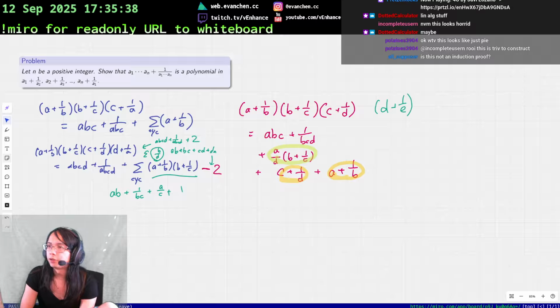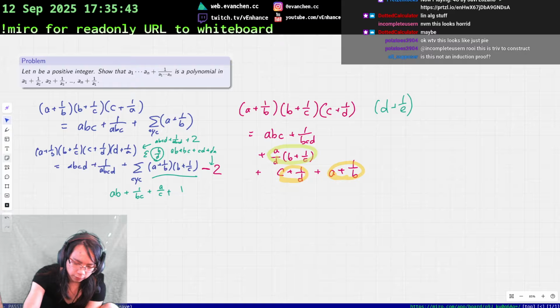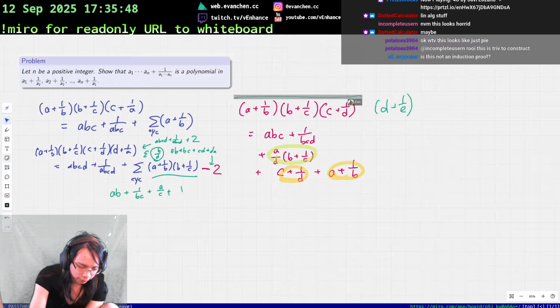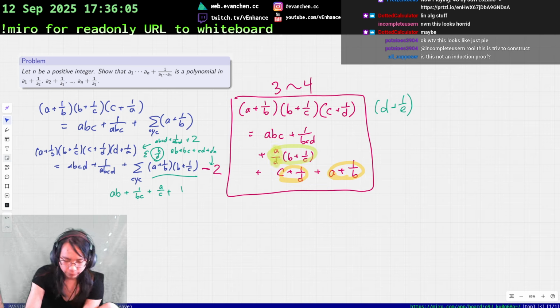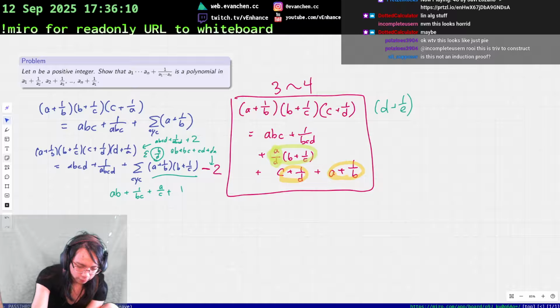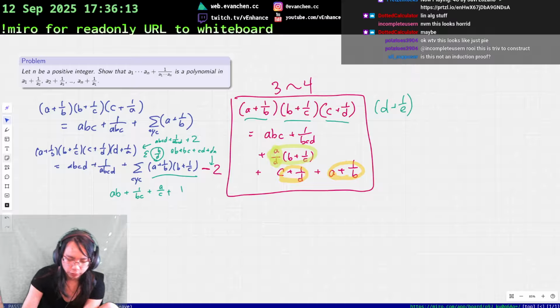There's only really one term that I am not happy with, which is this one in the n equals 3, or the three to 4 case, we'll just call that. The only thing I don't like is this a over d. This a over d is the only thing that makes it not a polynomial in these three things. Otherwise, it's almost a polynomial.